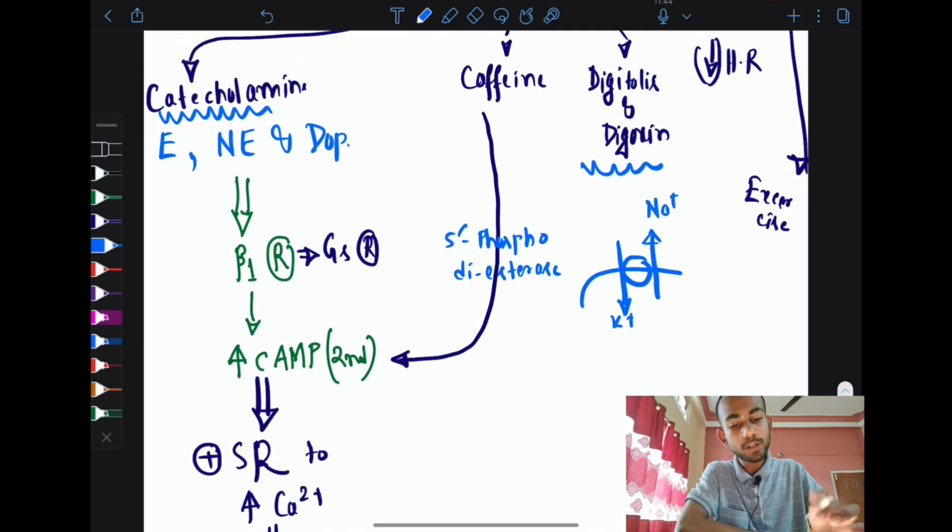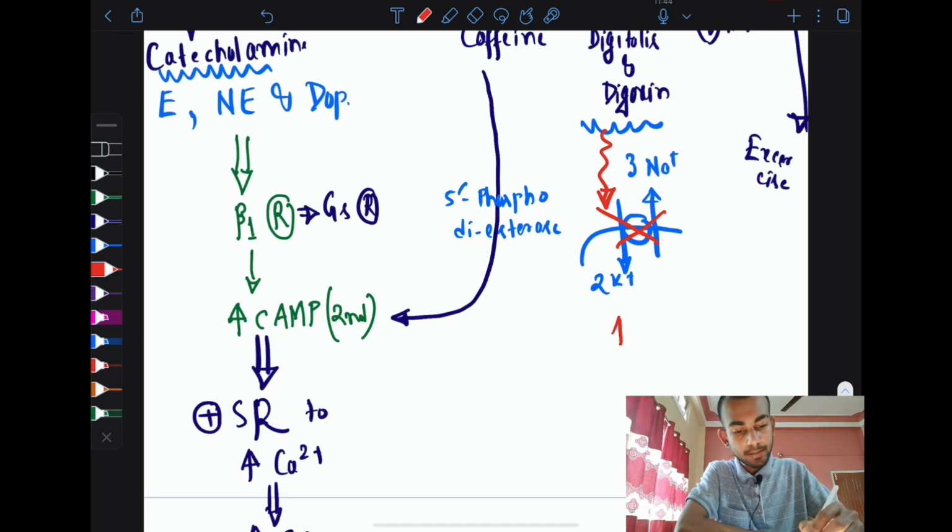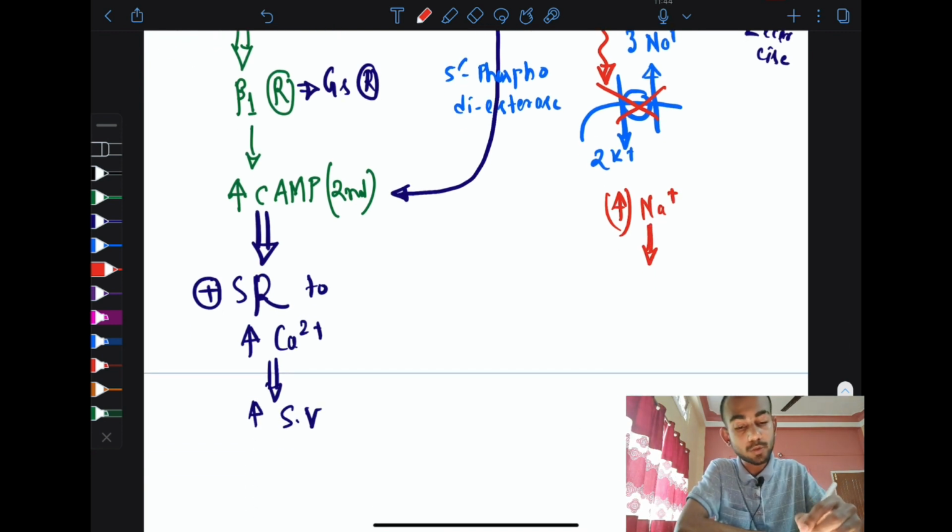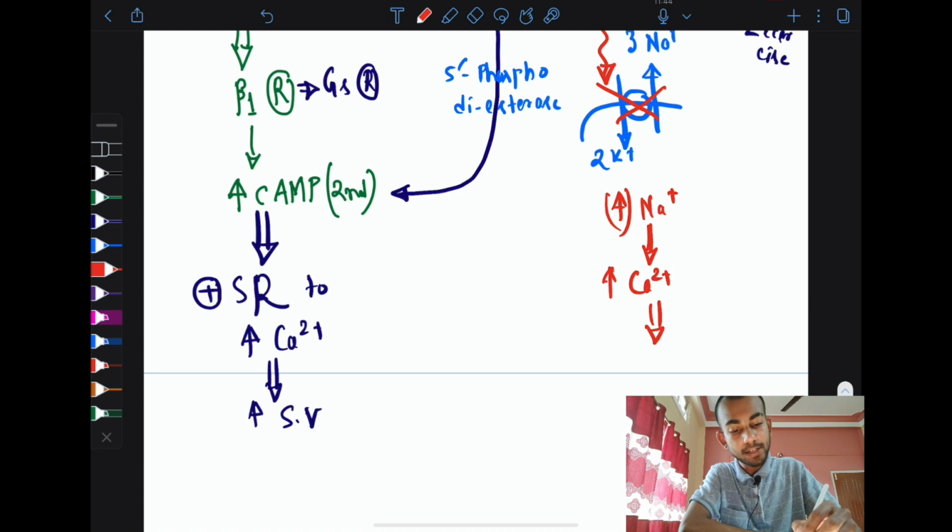We know that the sodium potassium pump pumps 3 sodium outside and 2 potassium inside. Now if this pump is blocked by digitalis and digoxin, the cytoplasmic concentration of sodium will increase. This increased cytoplasmic sodium will be exchanged with calcium. So there is increased calcium concentration inside the cytoplasm, and this will induce positive ionotropy.